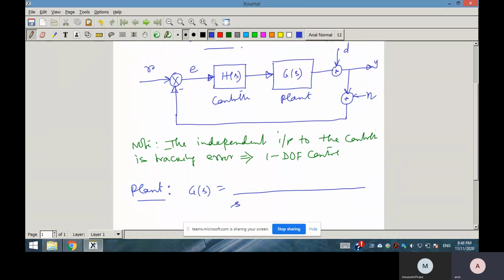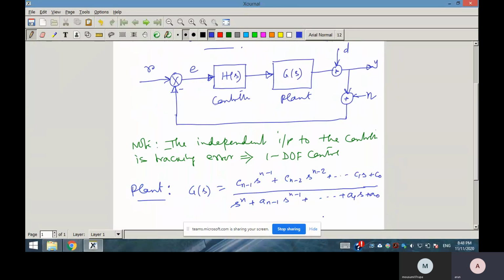The general plant we will be considering is: the numerator c_{n-1} s^{n-1} + c_{n-2} s^{n-2} + ... + c_1 s + c_0, over the denominator s^n + a_{n-1} s^{n-1} + ... + a_1 s + a_0. The denominator is the pole polynomial of the open loop plant, and this is your numerator polynomial.